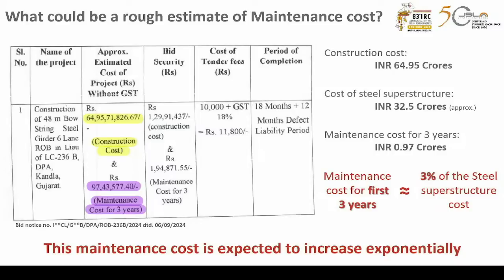Then the maintenance cost for the first 3 years is approximately 3%, so you have a cost of 1% per year for maintenance. If this is an ideal case wherein everything goes perfectly, and something goes wrong, this cost will definitely increase exponentially.